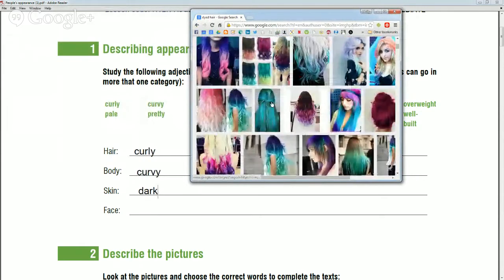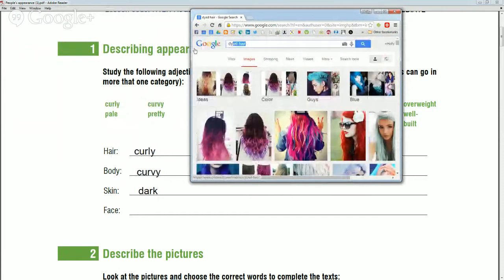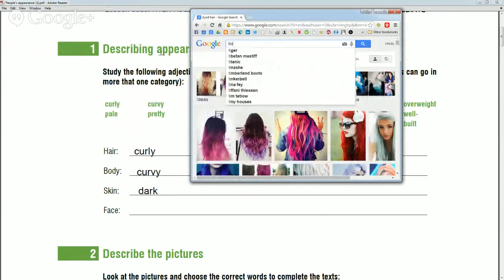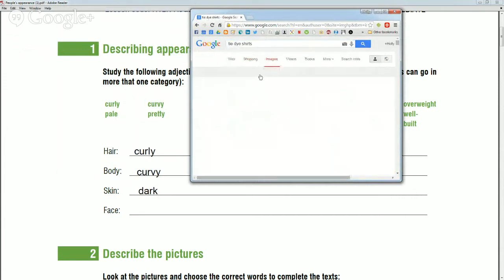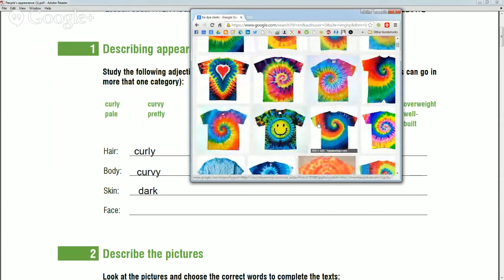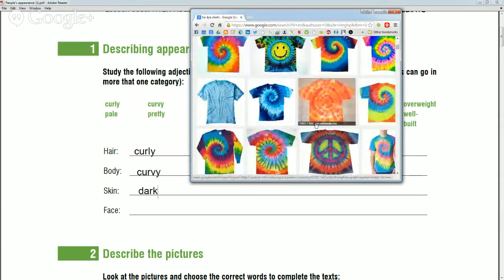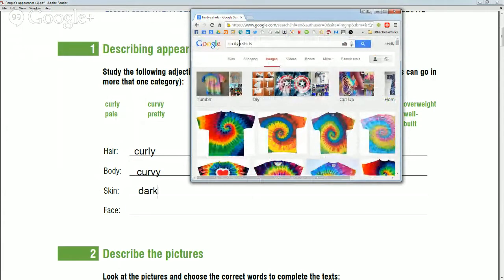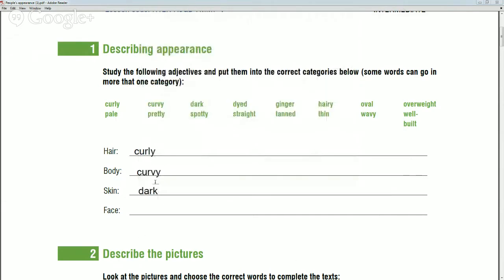You can also have tie-dye T-shirts. Do you remember those? So the word dye, the same material that we put in the shirts is used to put in the hair. So dyed hair is what it is.